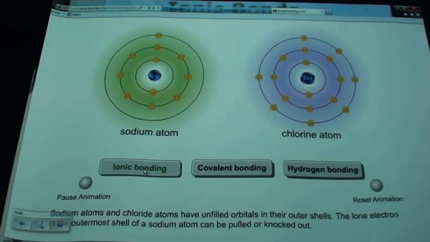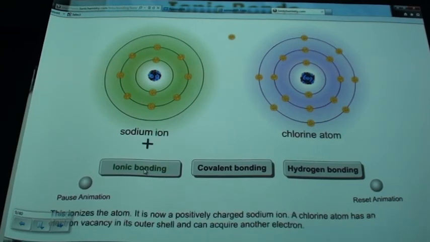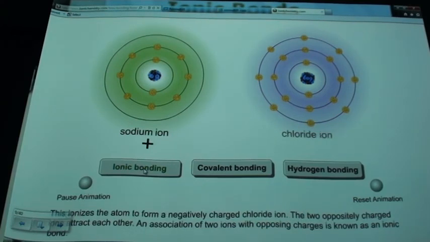The lone electron in the outermost shell of a sodium atom can be pulled or knocked out. This ionizes the atom. It is now a positively charged sodium ion. A chlorine atom has an electron vacancy in its outer shell and can acquire another electron. This ionizes the atom to form a negatively charged chloride ion.